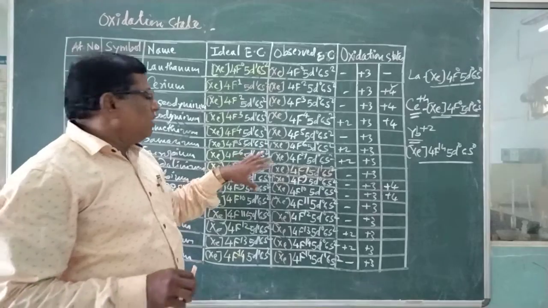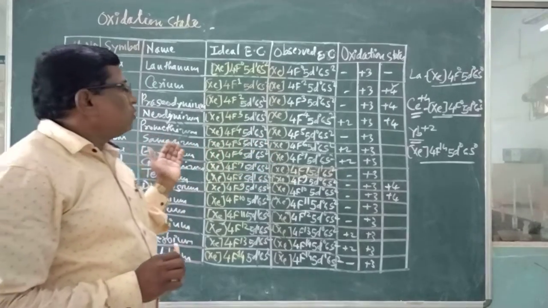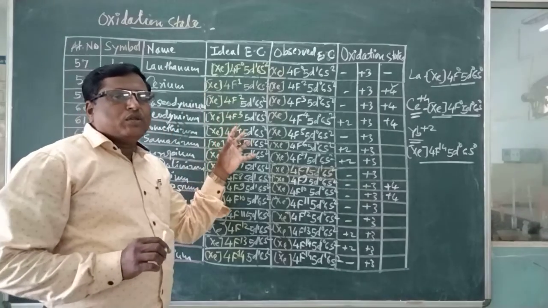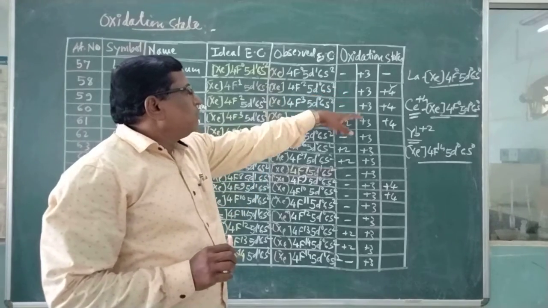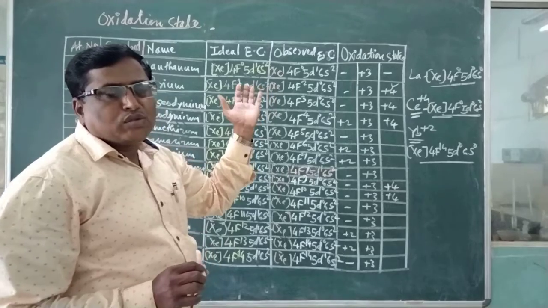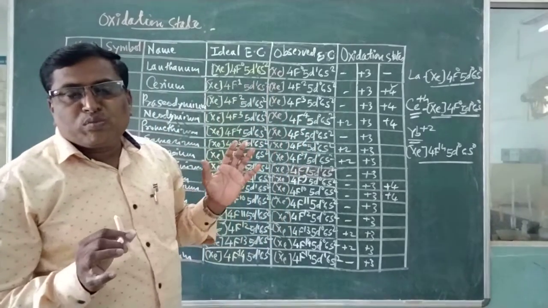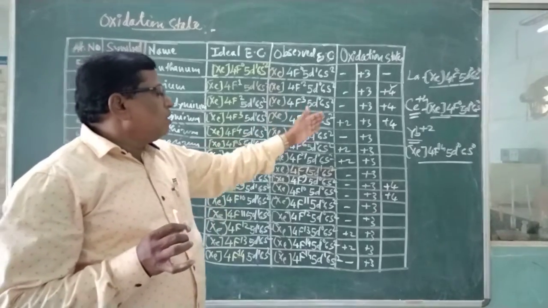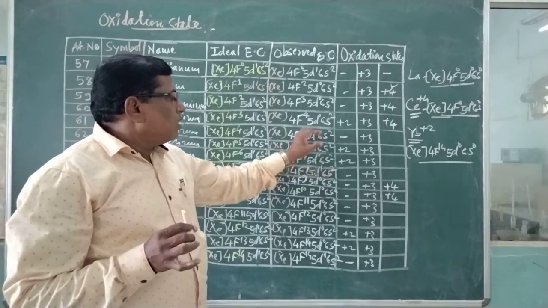This is the way to find the electronic configurations of lanthanides: remove the number of electrons corresponding to the oxidation state. Plus 3 is generally the oxidation state of lanthanides, and actinides also show plus 3. Extra oxidation states are obtained by some elements through removal of outermost electrons.